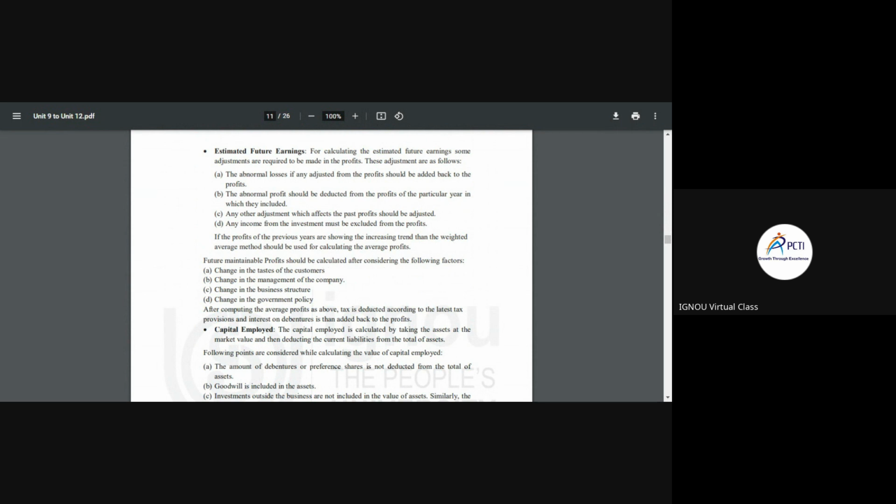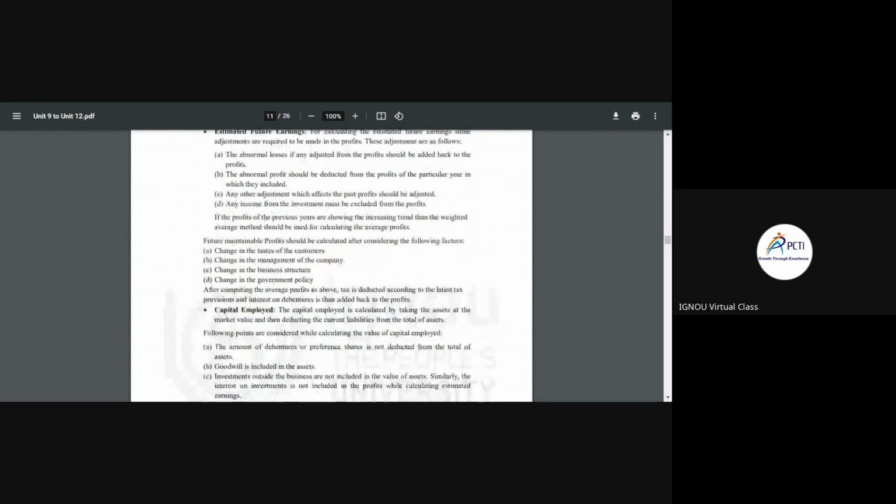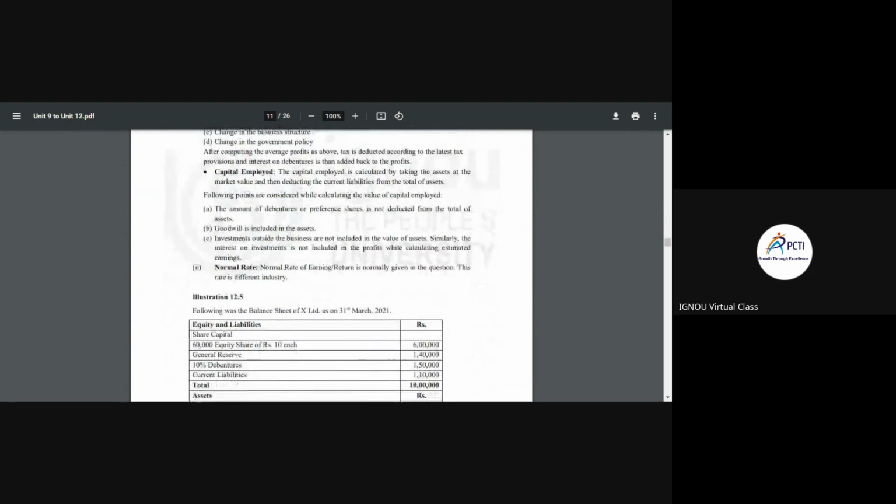Then the capital employed is calculated by taking the assets at the market value and then deducting the current liabilities from the total of assets. Here are some points which are considered while calculating the value of capital employed.